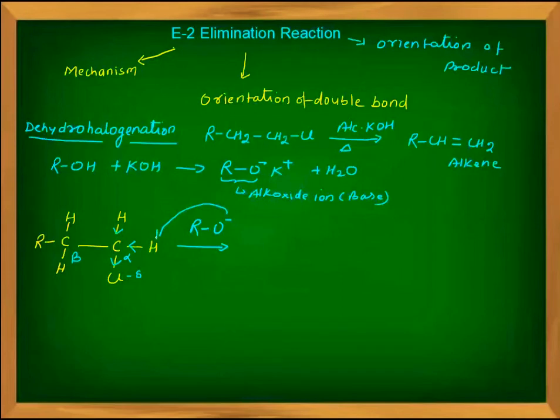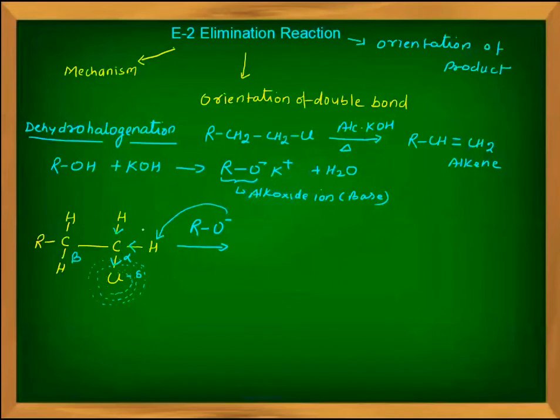But if this base abstracts the alpha hydrogen, then there is a very strong electrostatic repulsion between the electronic field of chlorine and the negative charge of the base, because this carbon is tetrahedral.